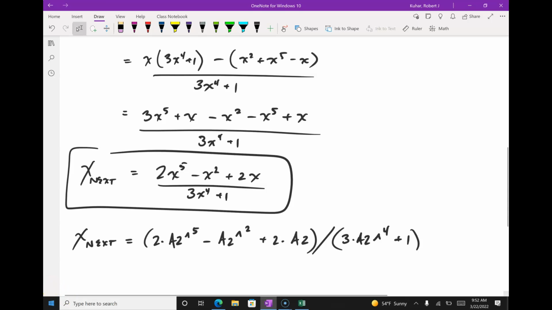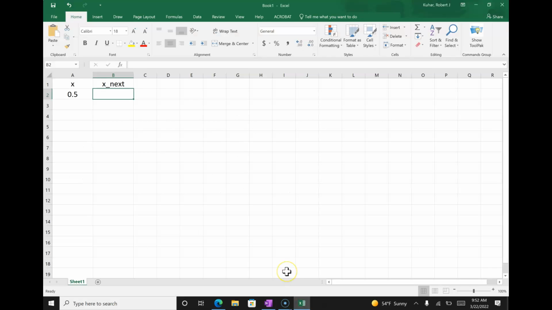Okay, ready? So I need the equals sign, that's important, equals, open parenthesis, my whole numerator. You with me? 2 times A2, usually we use capital, caret to the fifth, correct? Minus A2 caret squared, plus 2 times A2.